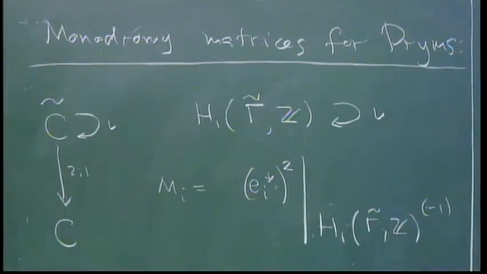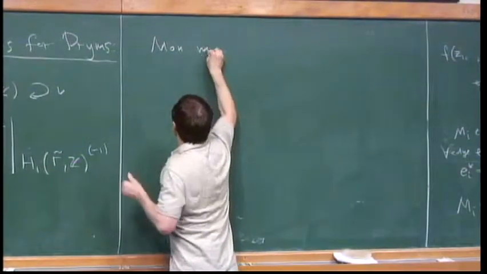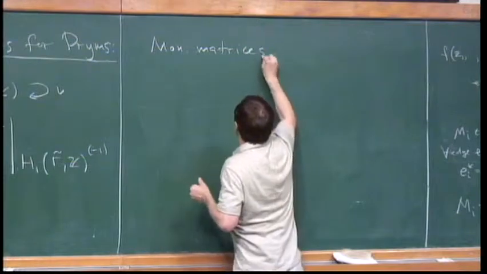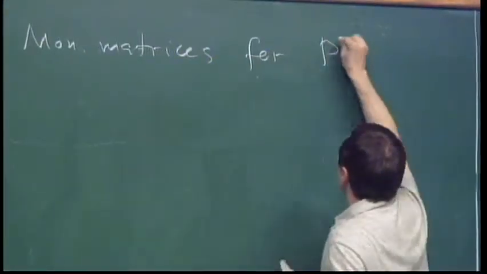And so using this, you can prove some theorems about Pryms now, if you like, including some classical results. But, well, given this, now what are the monodromy matrices for Prym-Tyurin varieties?